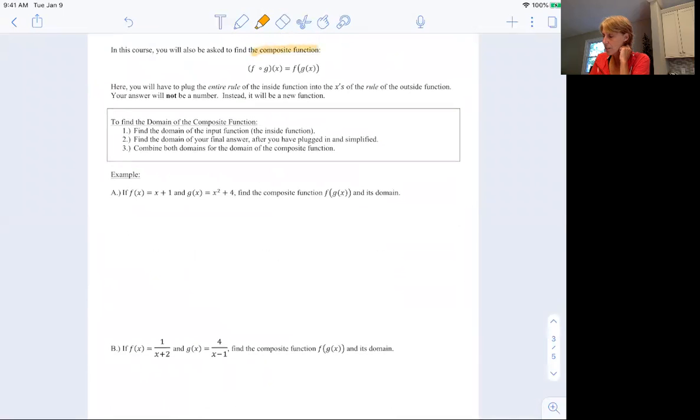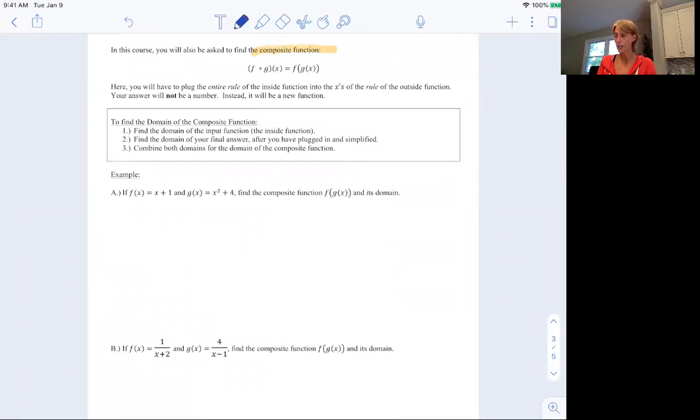When we find a composite function, we're really writing our function in terms of x's. Here you're going to plug the entire rule of the inside function into the x's of the rule of the outside function. Your answer can be a number, but usually it's not going to be a number. Instead, it will be a new function, so you will have x's in your answers.